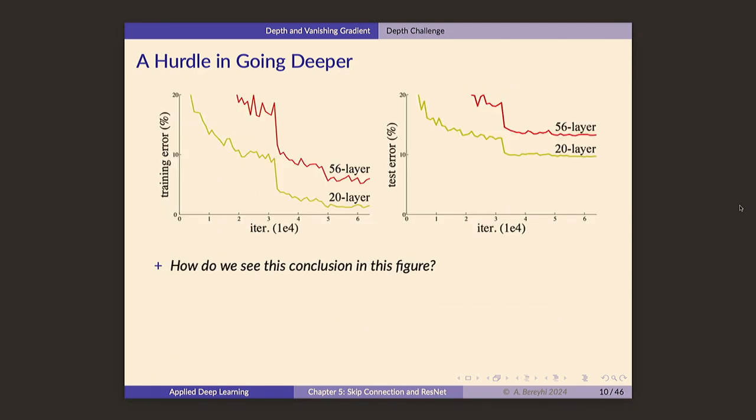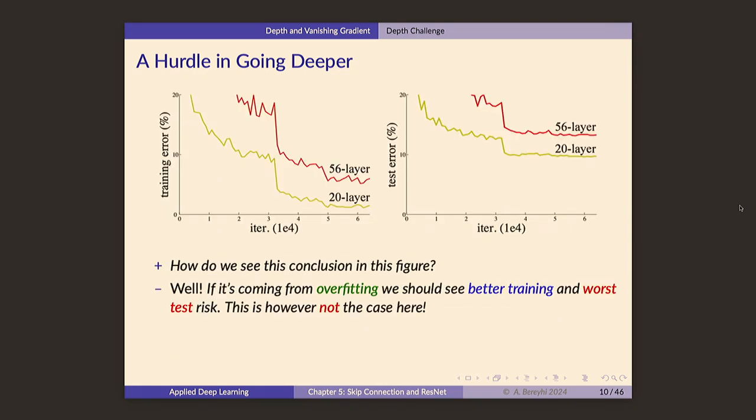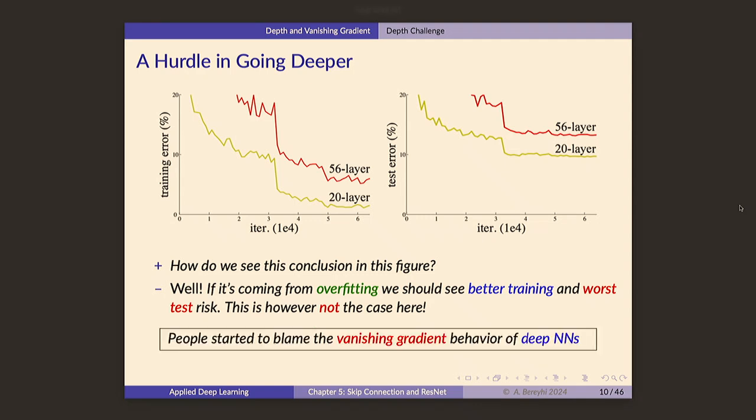Comparing these two, you can simply see that it is not overfitting, because with overfitting you should get better training, worse test, right? But in this curve, this is not the case. The training is worse, the test is worse, so this is obviously not overfitting.